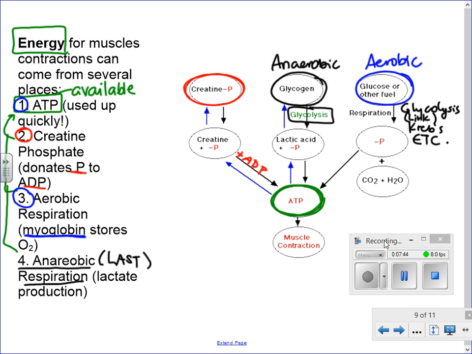In anaerobic respiration, we really only have glycolysis. Our product is lactic acid. That lactic acid production ends up giving me some free phosphate, which I can use to make ATP. So we already know from previous classes what the difference between aerobic and anaerobic is. In terms of your muscles, this is the thing that will be used last, once all of your oxygen stores are depleted.